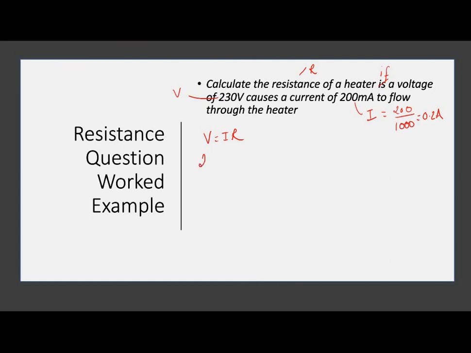So I'm going to put in a voltage of 230, a current of 0.2, and a resistance of R. R is therefore going to equal 230 divided by 0.2, that then gives me a resistance of 1150 ohms.